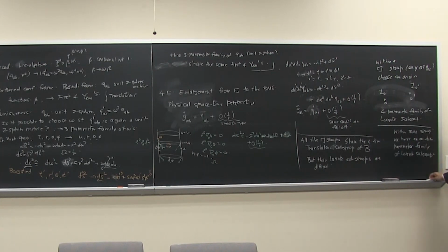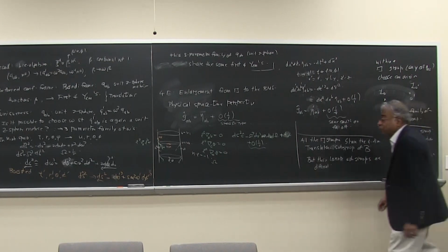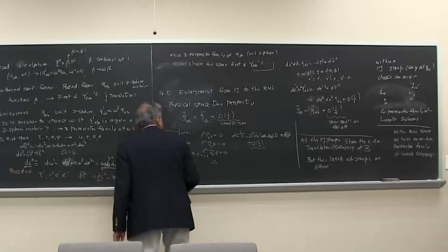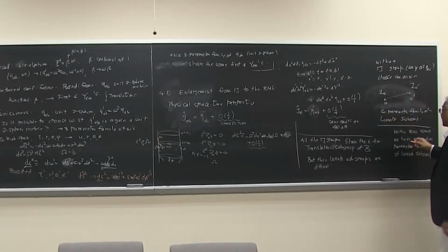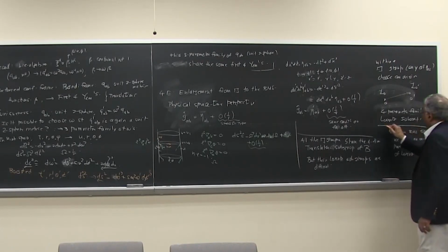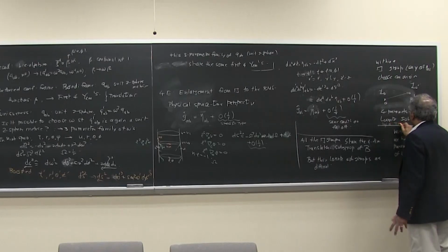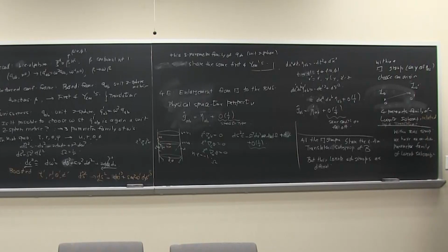In the Poincare case, these Lorentz subgroups are all related to each other by a translation. And because we have a 4-parameter family of translations, we have a 4-parameter family of such subgroups. Within the BMS group, we have an infinite dimensional family of Lorentz subgroups, and they are related to each other by super translations.